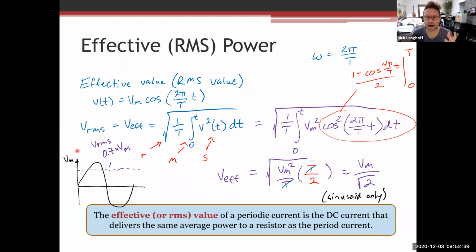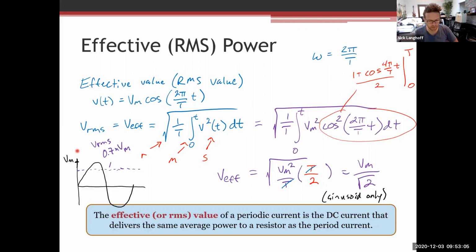If you were looking at a graph of current instead of voltage, then the effective or RMS current would also be, again for a sinusoid only, about 70.7% of the peak current. Okay, so that's effective or RMS power.